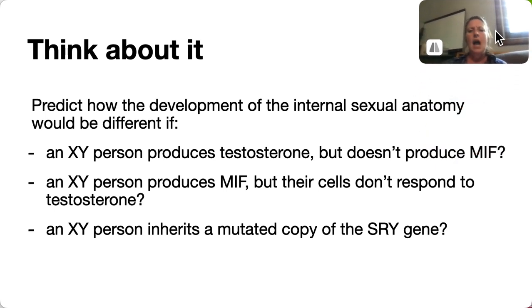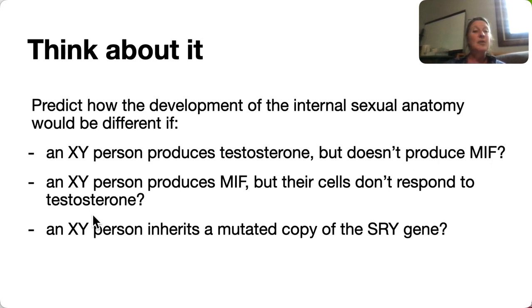All right. I want you to think about this, though we're going to talk about it when we meet in class. But based on what I've described so far, just about the internal anatomy, I want you to see if you can predict what would happen if we have a person with XY chromosomes that produces testosterone but doesn't produce Mullerian inhibiting factor.